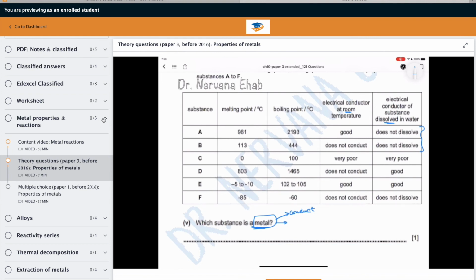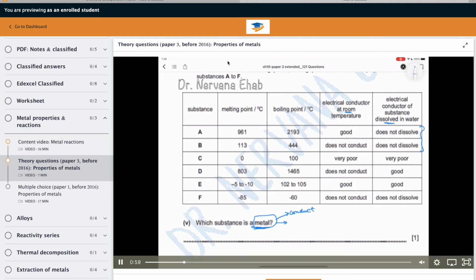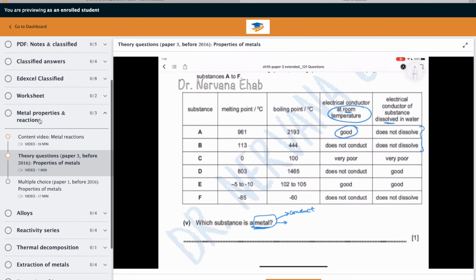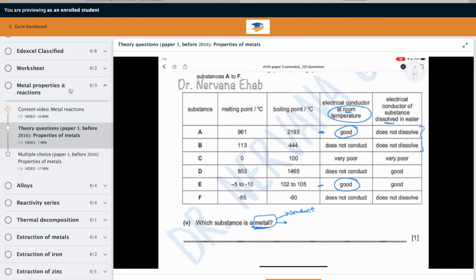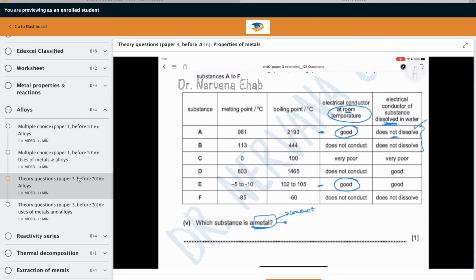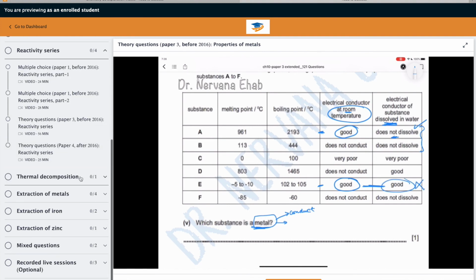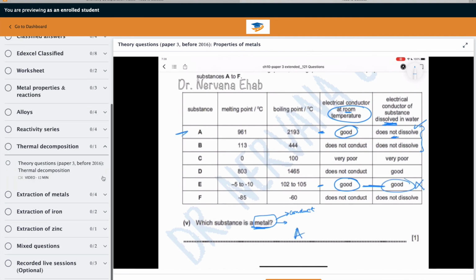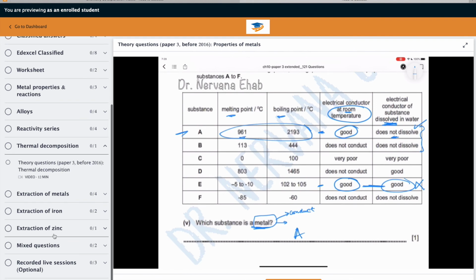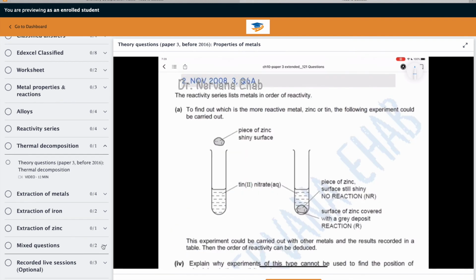All right. And so I have it here divided: this is chapter 10, which is about metals. I have it divided according to the mini topics. So the first topic is metal properties and reactions. And then there's another topic about alloys, and then reactivity series, extraction, thermal decomposition, extraction of metals, extraction of iron, extraction of zinc. There are some mixed questions here at the end.